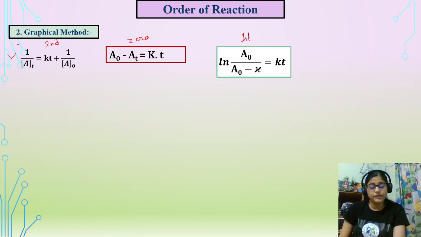Don't forget about that, with intercept, positive slope. Slope is positive. So here straight line, positive slope with intercept.